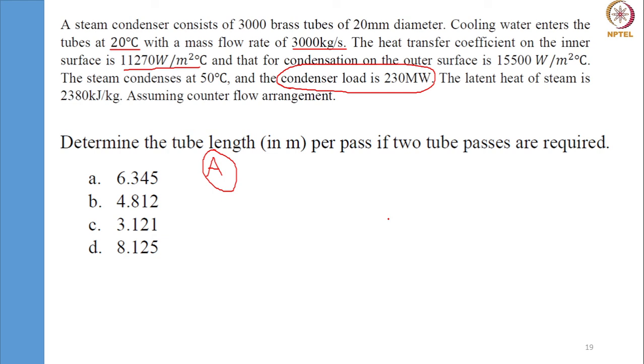People who have found out LMTD as around 19, they can go ahead and calculate the tube length. You can now write Q dot as UA LMTD. Now you have all the parameters except for A, heat transfer area.